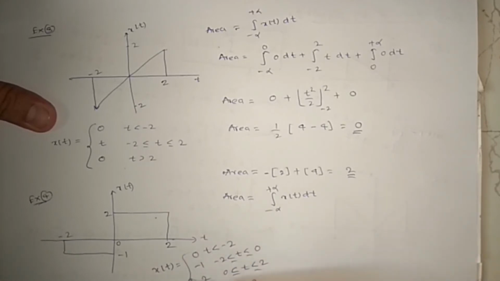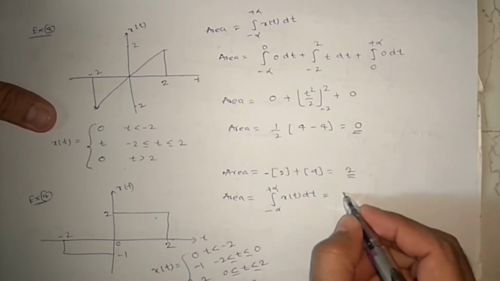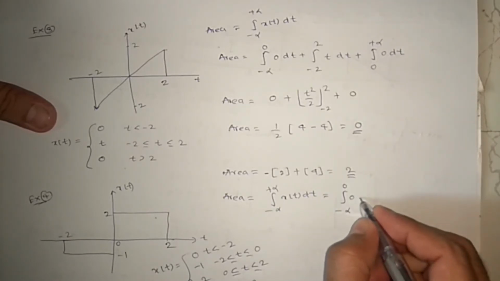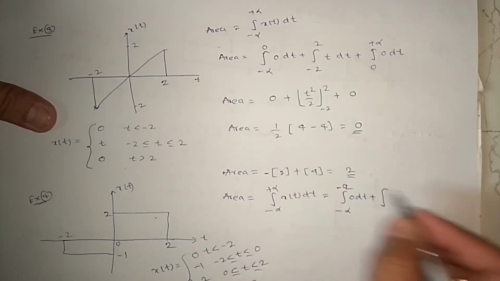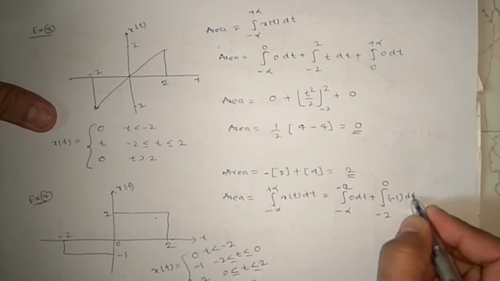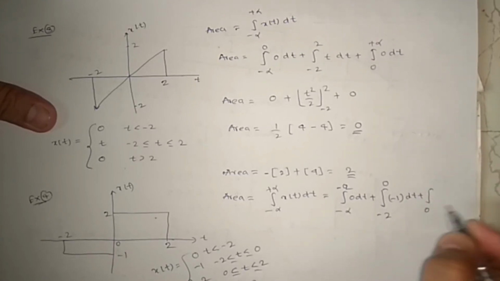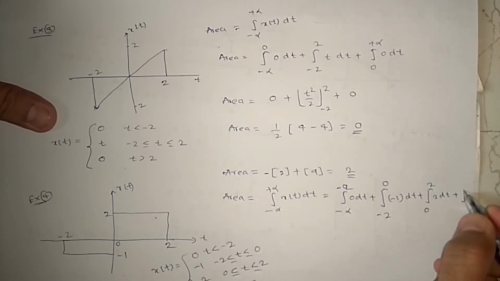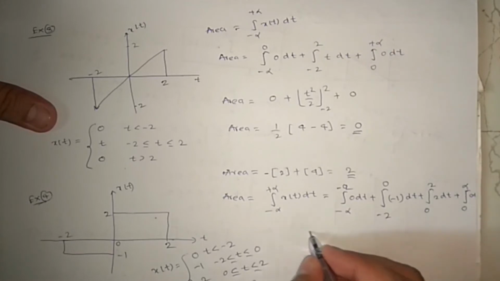So area equals the integral from minus infinity to minus 2 of 0 dt, plus minus 2 to 0 of minus 1 dt, plus 0 to 2 of 2 dt, plus 2 to infinity of 0 dt.